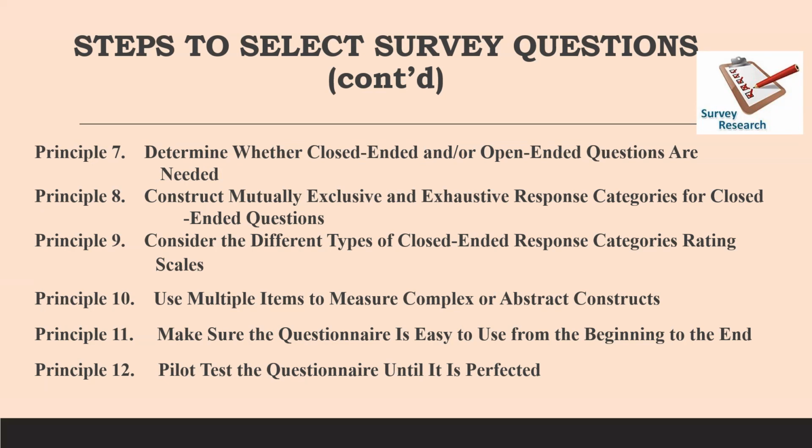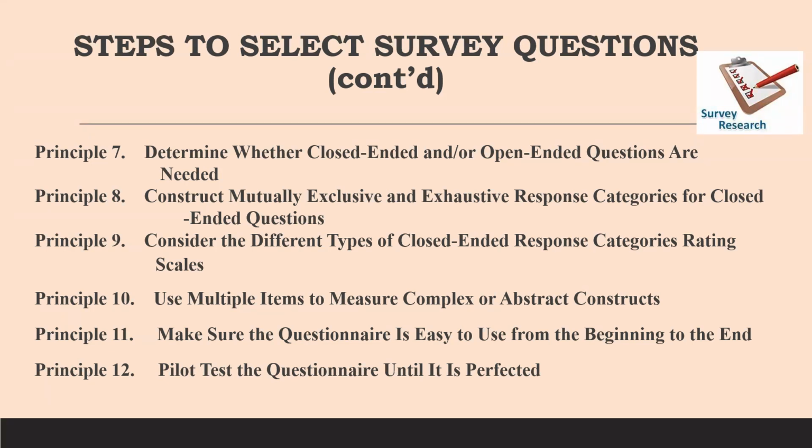So if you're using a validated survey from a research study, then you could seek permission from the publisher and use their survey. You have to seek permission from the publisher to use that survey.